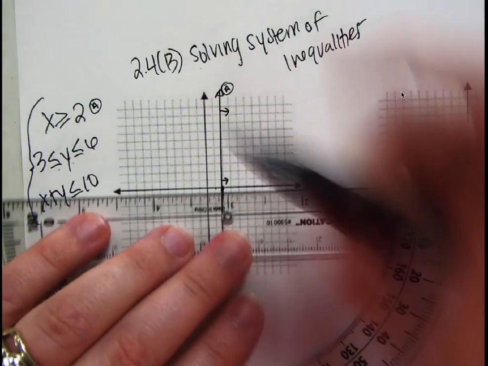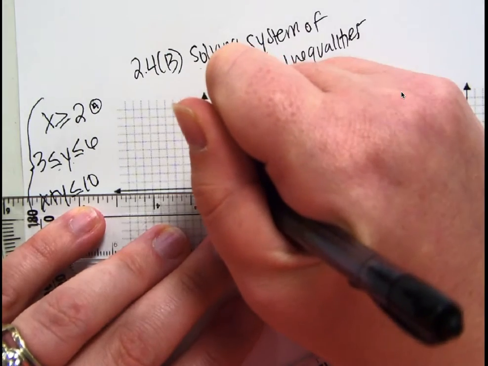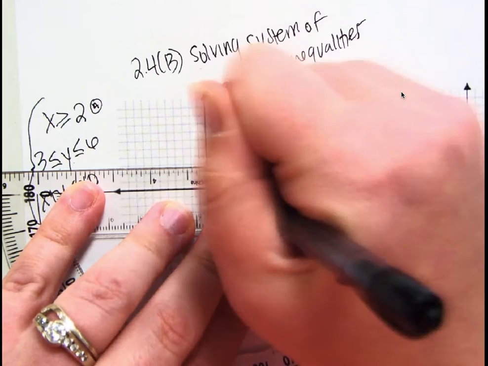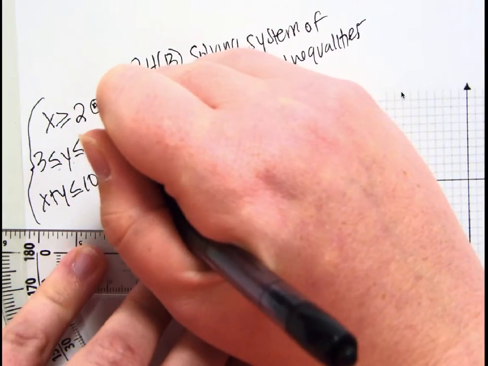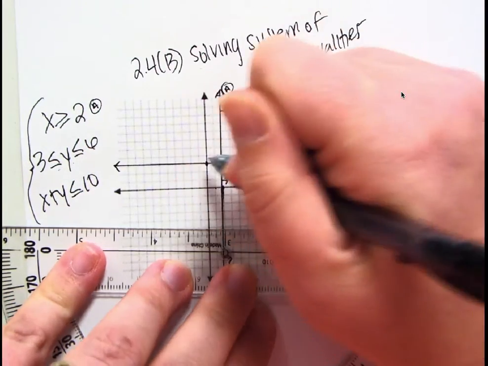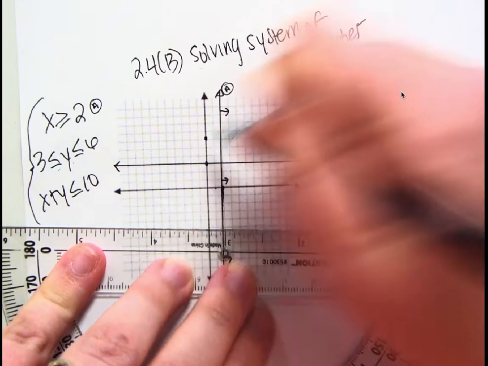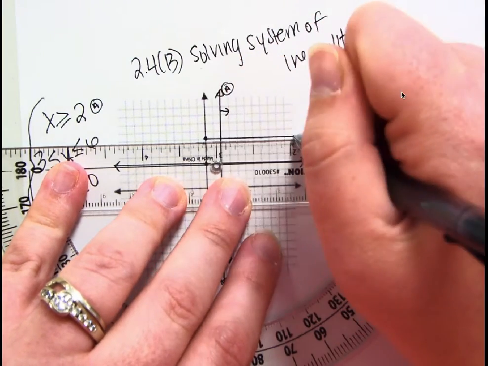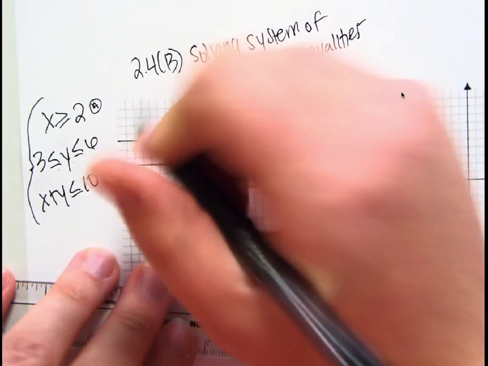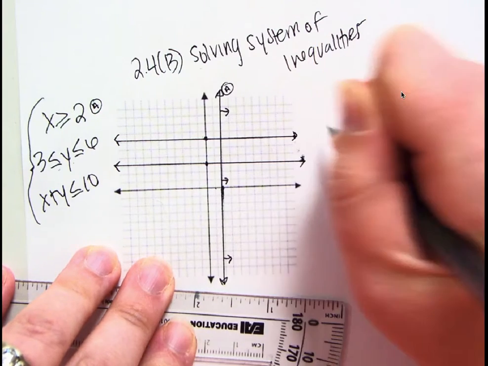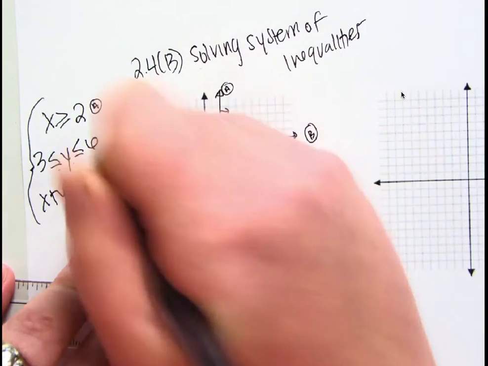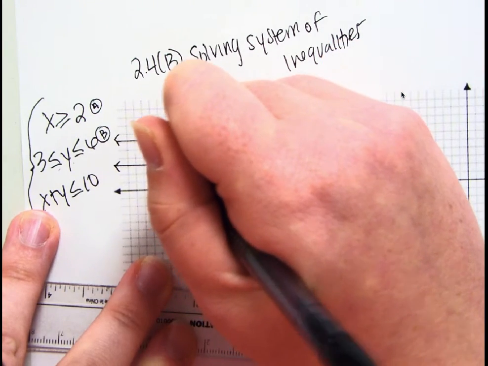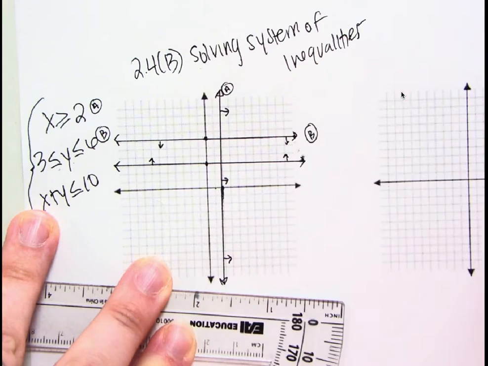So we'll have a horizontal line at 3, a solid line, and another horizontal line at 6. Those are coming from inequality B, that our y value has to stay in between those spaces.